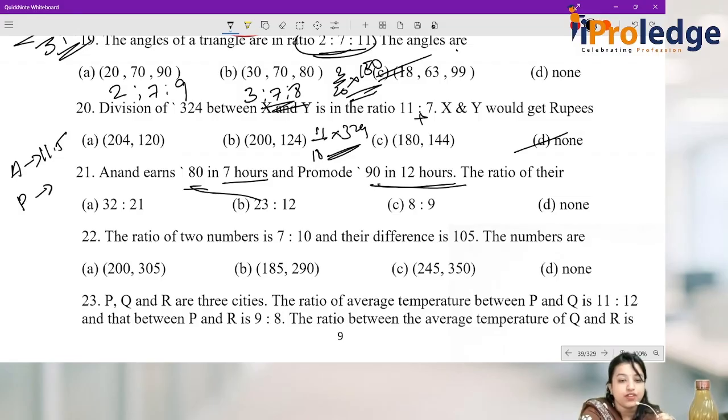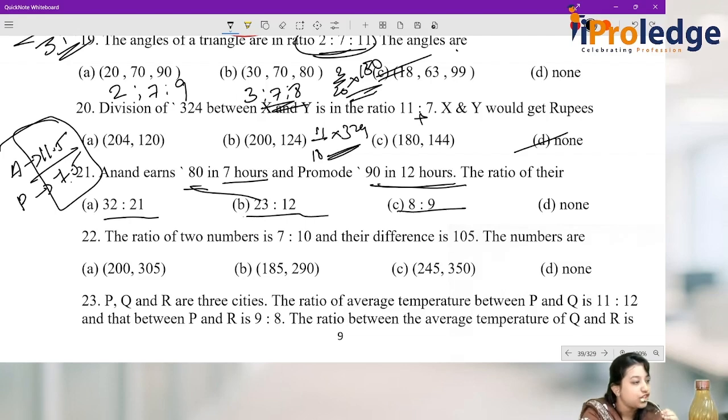Next, for 1 hour, 7.5. So this is for 1 hour. Divide to match the ratios. Anand divided by Pramod ratio, so it is 11.5 divided by 7.5.